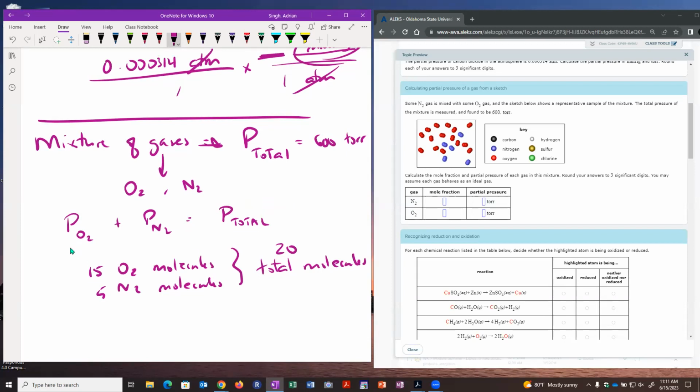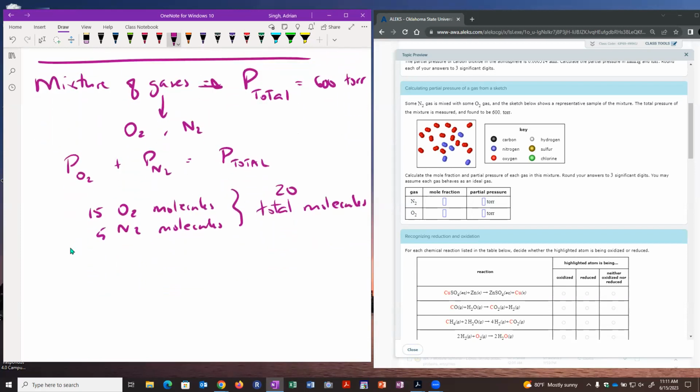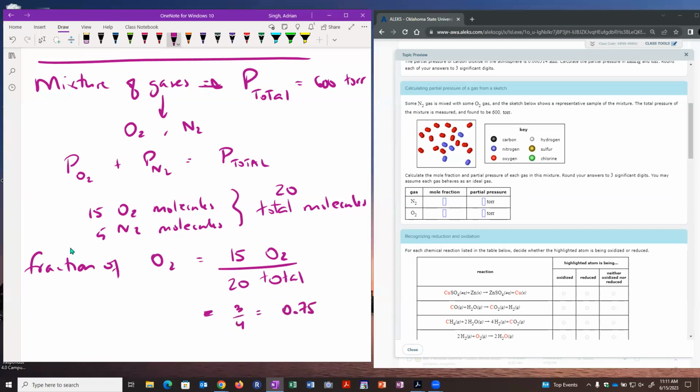So the mole fraction of O2 is simply the number of O2 that we have, 15, divided by the total, which is 20. Turn it into a decimal, and we end up with 3/4, which is the same as 0.75 as the mole fraction of O2.